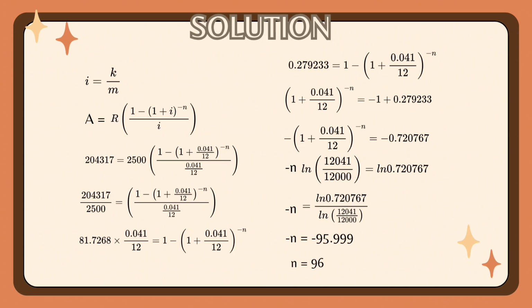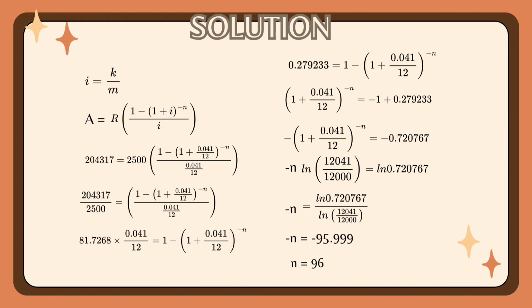So for part B, question 1, firstly we need to find I equals to 0.041 over 12. So we need to substitute all the info into the present value formula, which is A equal to 2,004,370, R equal to 2,500 and I equal to 0.041 over 12. And then we need to move 2,500 to the left hand side and also 0.041 over 12 to the left hand side.